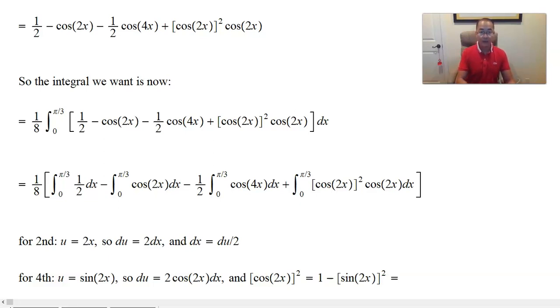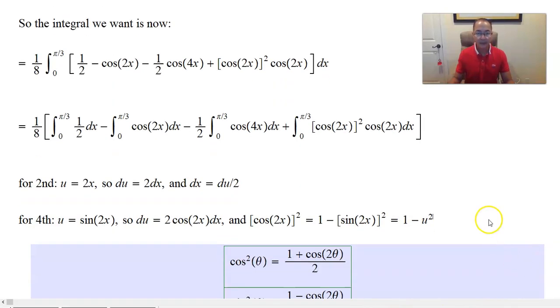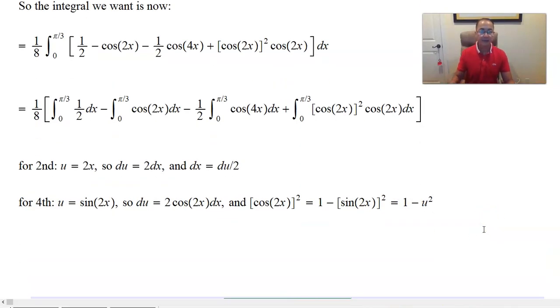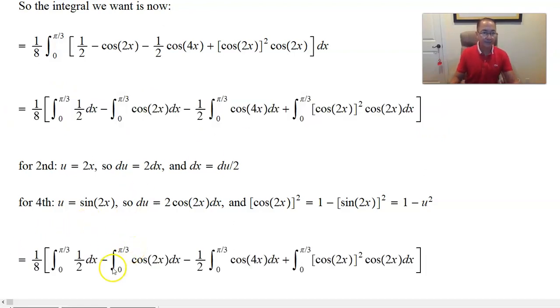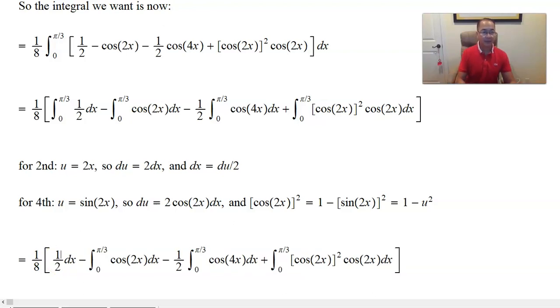So that is our 1 minus u squared. I believe we are ready to plug that all in. We have used the double angle formula. So let's copy this whole thing and start integrating. So we have 1/2 x evaluated from 0 to pi over 3. So we get 1/2 times pi over 3. That's just pi over 6.